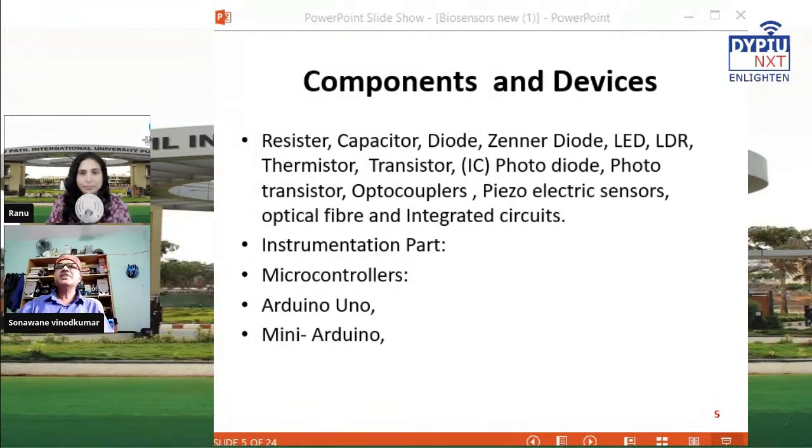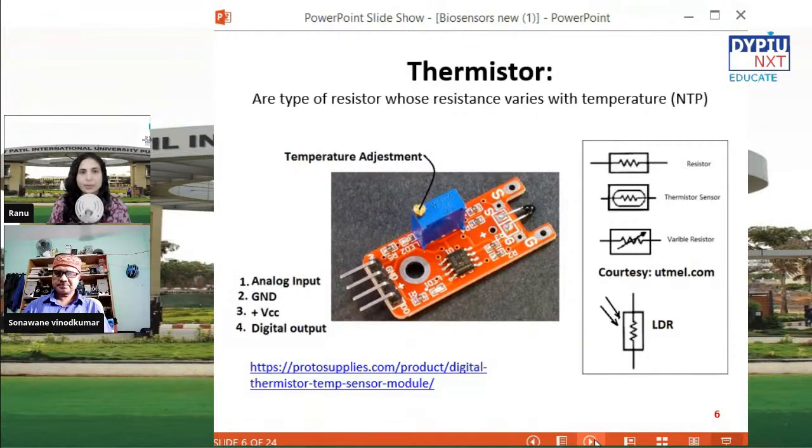So let us start with the next slide please. Yeah, so this is a temperature adjustment thermistor, which is also ready-made, and we can see the schematic diagram of the thermistor, how it looks.